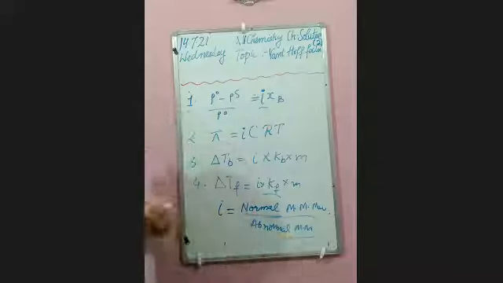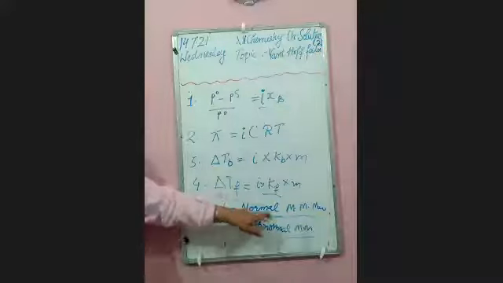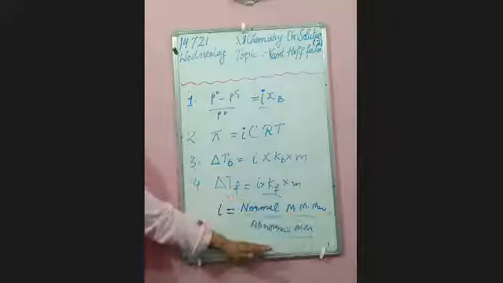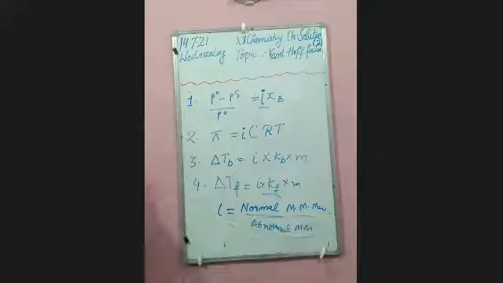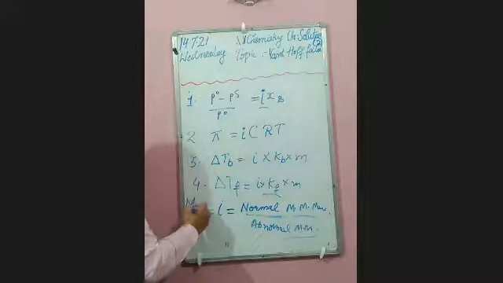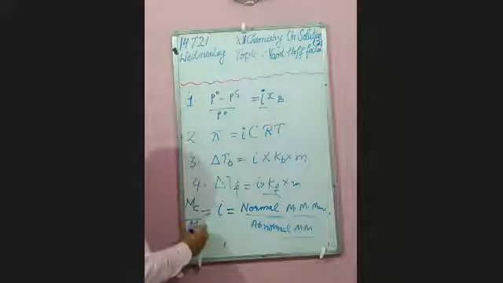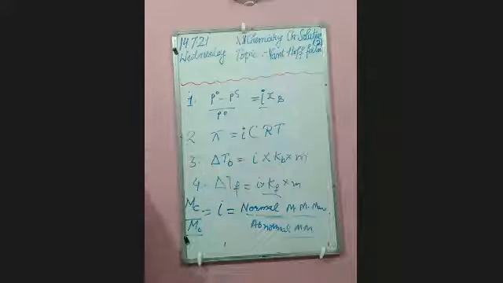Normal means calculated molar mass, abnormal means observed molar mass. It is represented as calculated molar mass over observed molar mass. This is another formula for calculation of Van't Hoff factor. Okay. Is there any doubt till now? Please let me know.